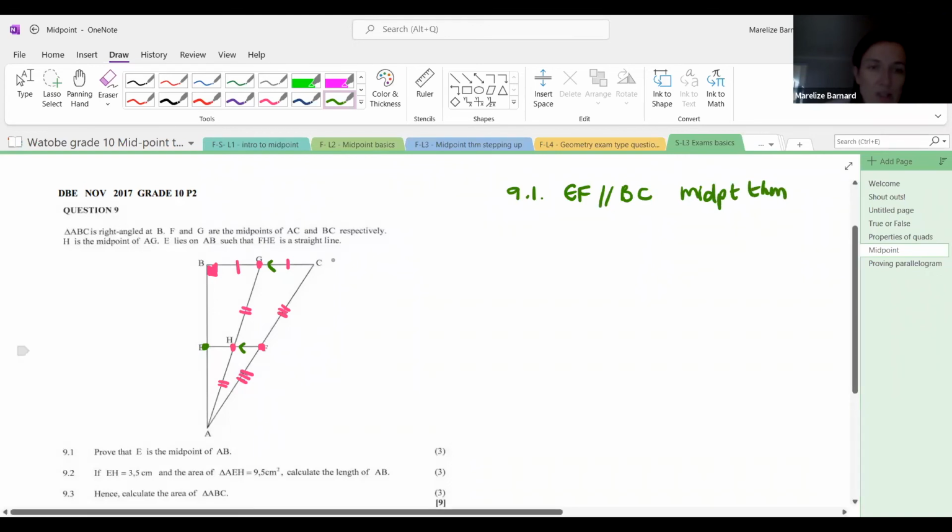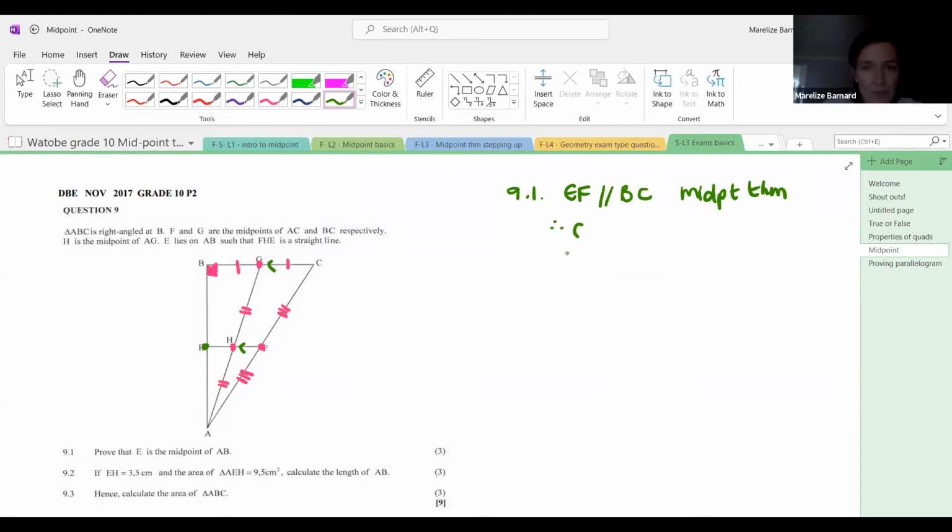And the midpoints are H and F, and those were given. So we can use that reason there. And then we can say, therefore, E is midpoint of AB, and the reason being line through midpoint parallel second side. Or if you learned in your school converse midpoint theorem, that's fine too.